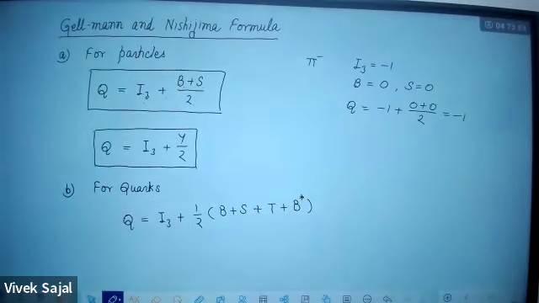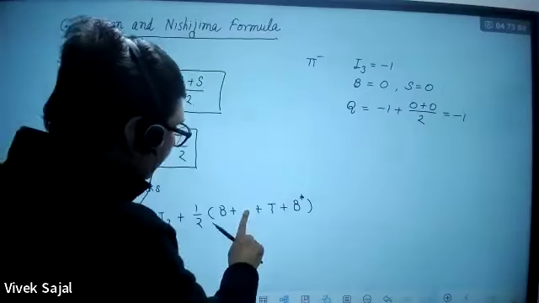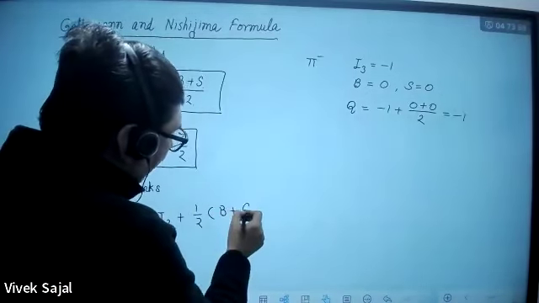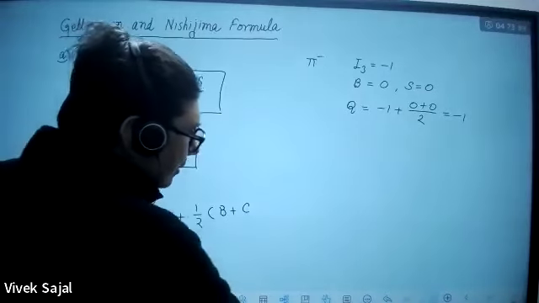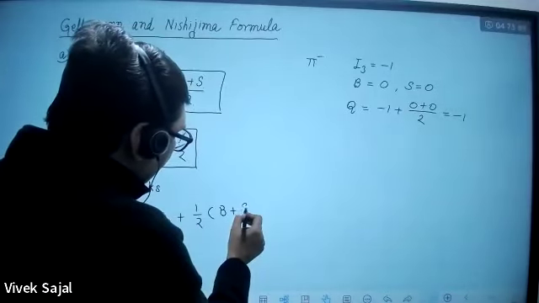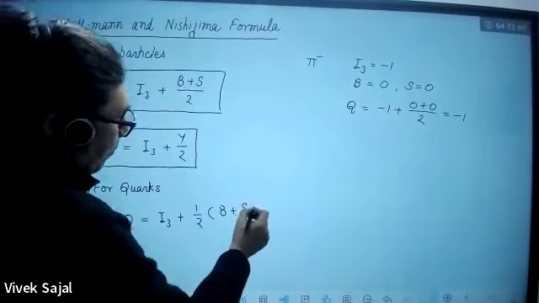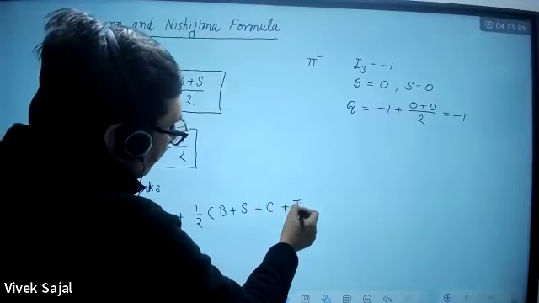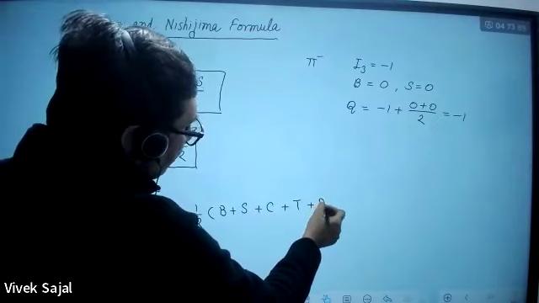This formula will be a little bit modified. There will be one more, charm will also be there. So this is baryon number, then charm number, or you can write B plus S, which was already there, plus charm, top and beauty. Now it's correct.